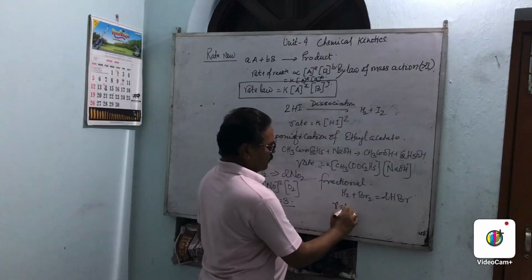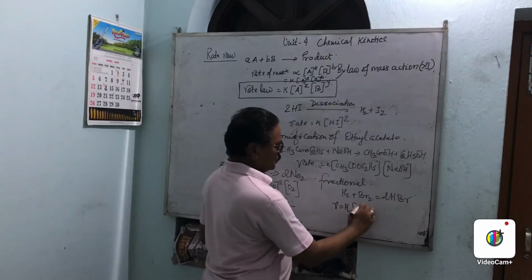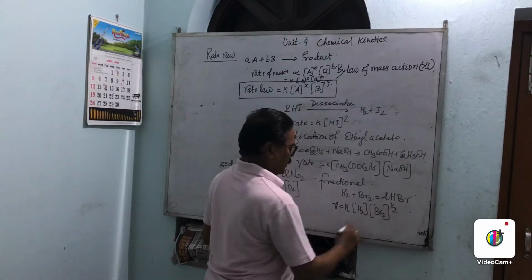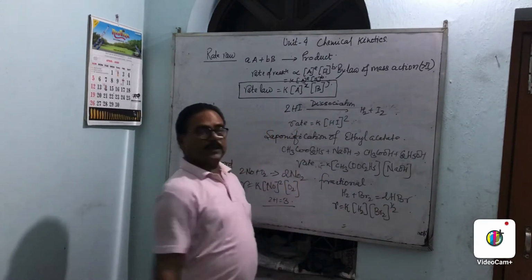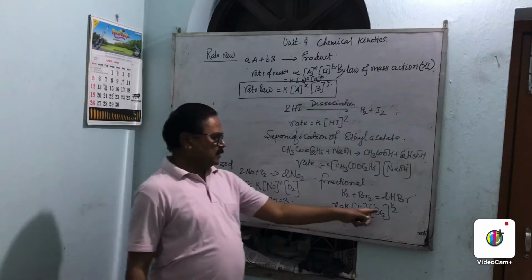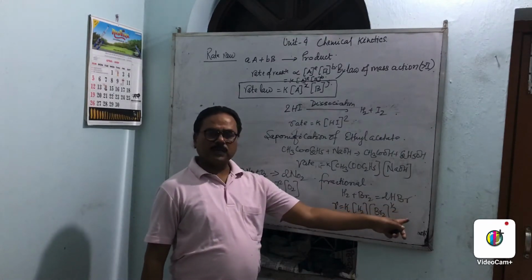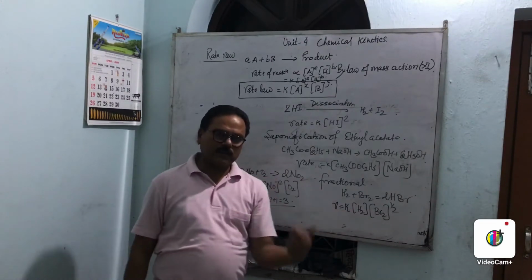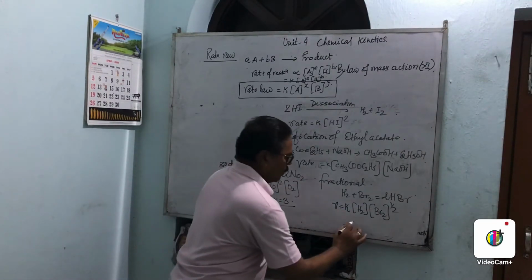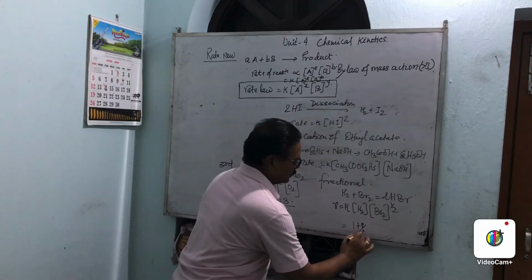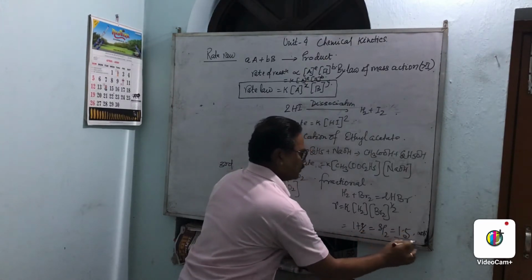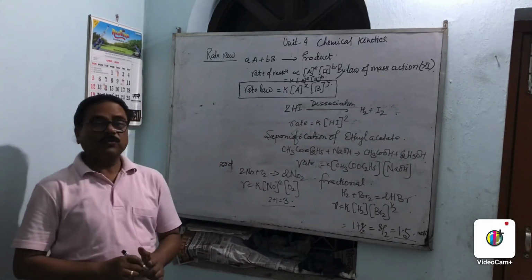Rate equals K times H2 times Br2 to the power half. The order with respect to H2 is 1, and with respect to Br2 it is half. When we add 1 plus half, that is 3 by 2, that is 1.5. So this gives a fractional order of reaction.